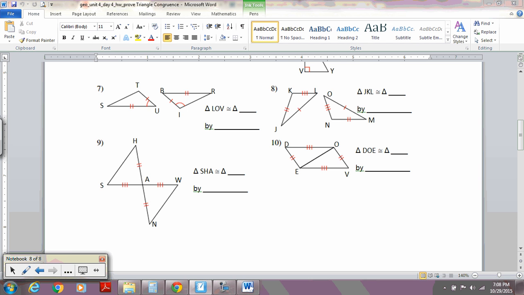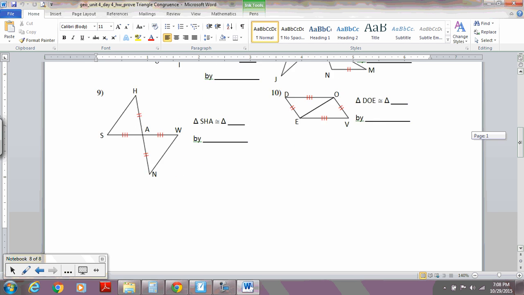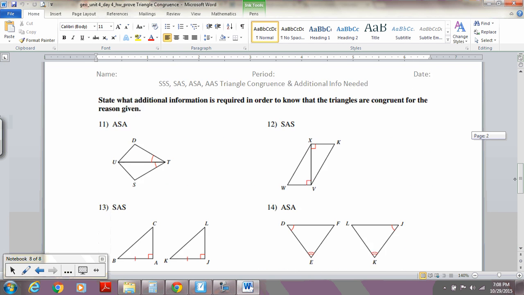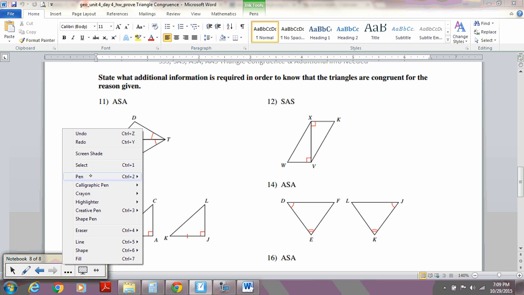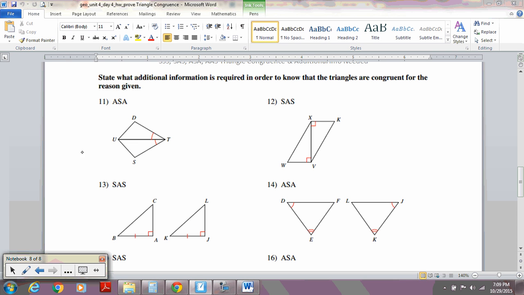Okay, let's go do number 11. On this backside, they want us to state what additional information is needed to prove the triangles are congruent based off of the given reason. On 11, they want us to prove it based off of angle, side, angle. So far on number 11, they provide us with one angle marked. However, these two triangles share a side, so we know that this side is also congruent.